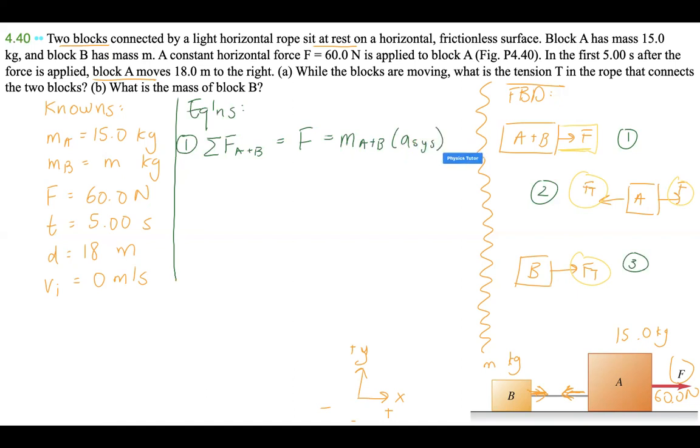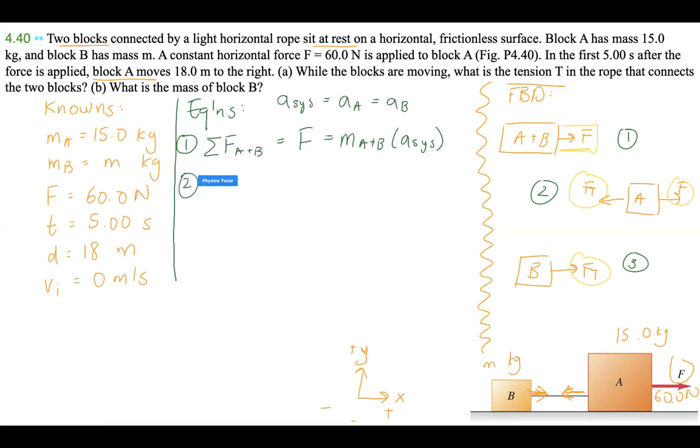And I should say that the acceleration of the system is equal to the acceleration of A, which is equal to the acceleration of B, right? Because this rope is taut. Okay, so that is equation number 1, because we know that force is equal to mass times acceleration.